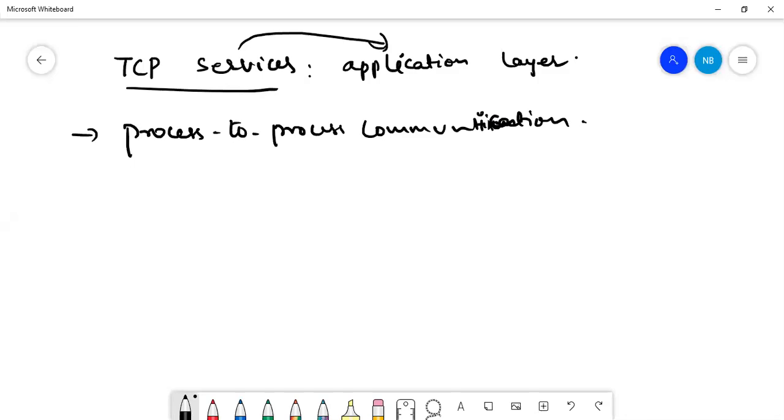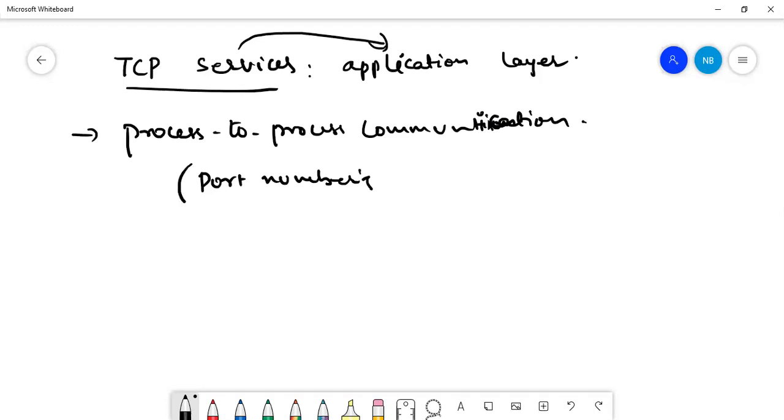Process to process communication is done through port numbers.